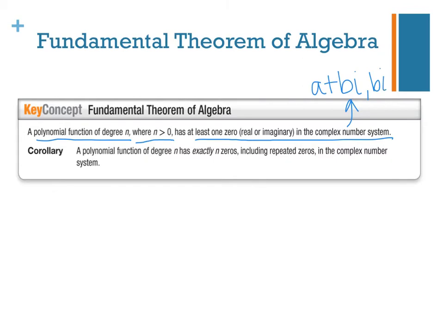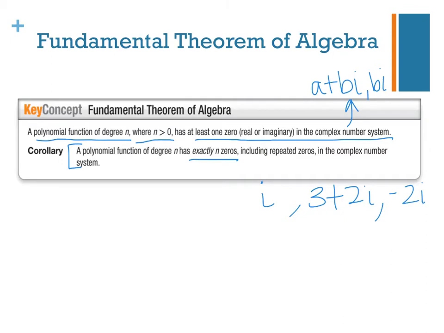To give you some examples here, 3 plus 2i is a complex number, negative 2i is a complex number. I is an imaginary number that can also be written in complex form. So those are just some examples of imaginary zeros of a polynomial function. The corollary to this is that a polynomial function of degree n has exactly n zeros.